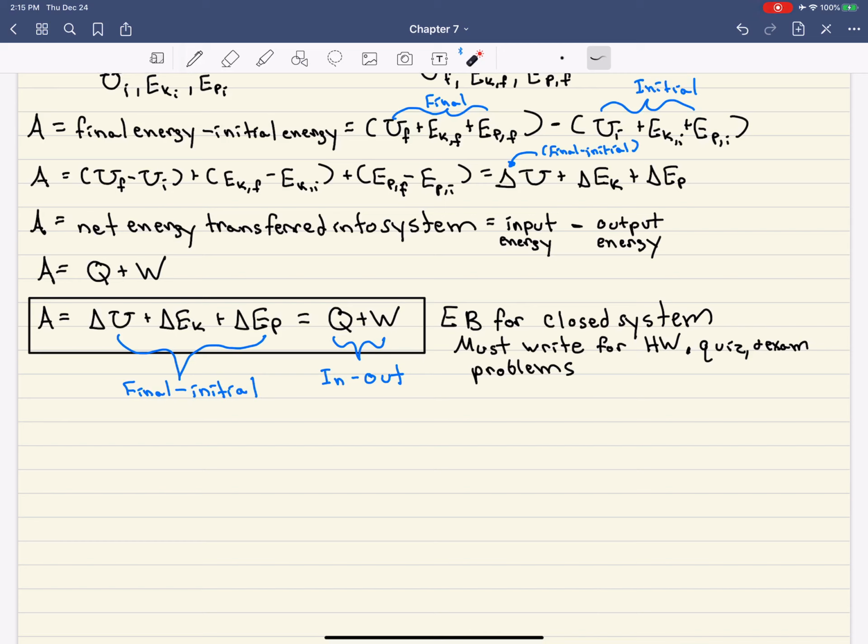But the fact that these are on opposite sides of the equal sign means that their directions are flipped. So this is a kind of subtle but very important concept whenever you're dealing with these energy balance equations. And we'll get practice on how to account for the directions by doing example problems in class and also in the homeworks.